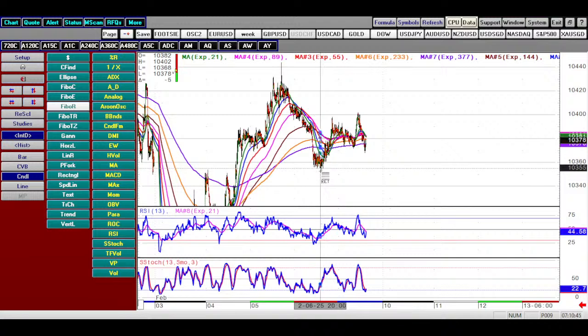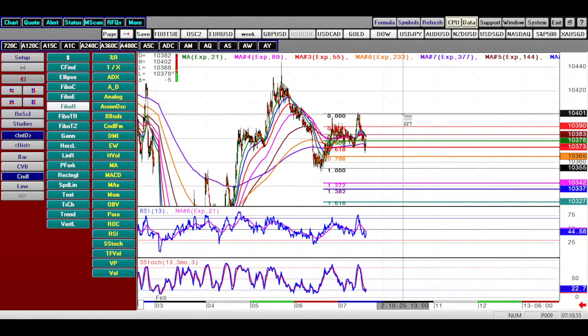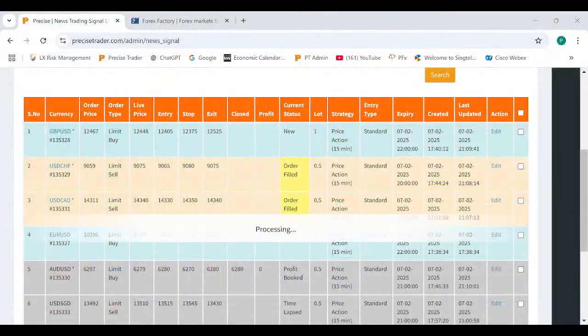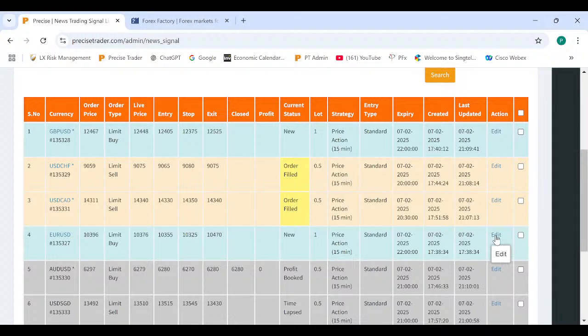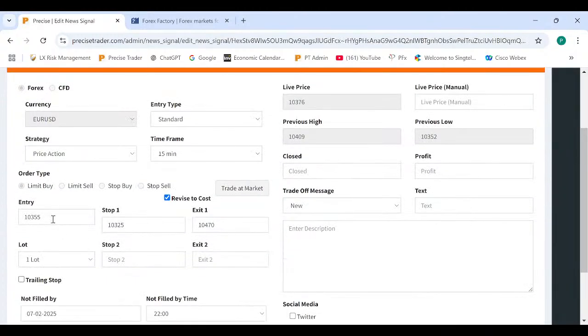So we'll try to buy at 103.55, which is near the previous day low, or maybe 40. Okay, so let's see, we try to go lower this by 40 and 470.